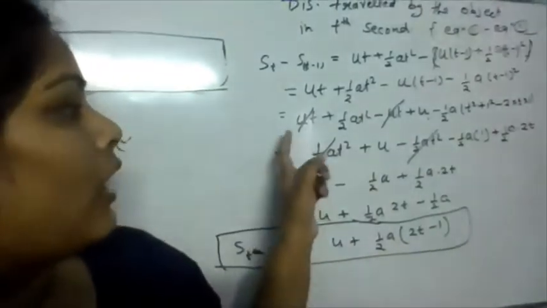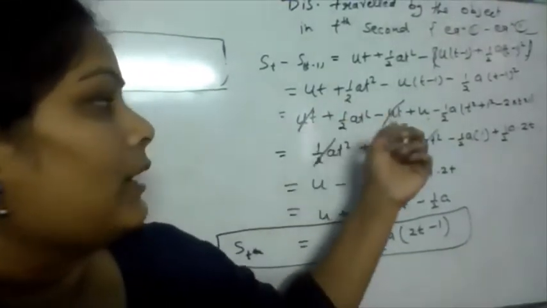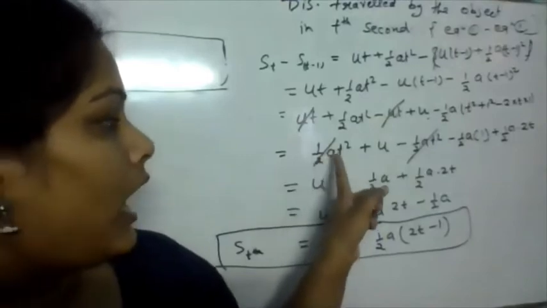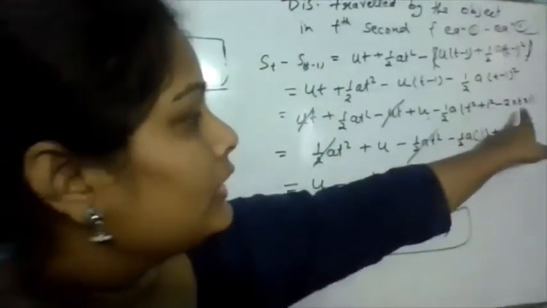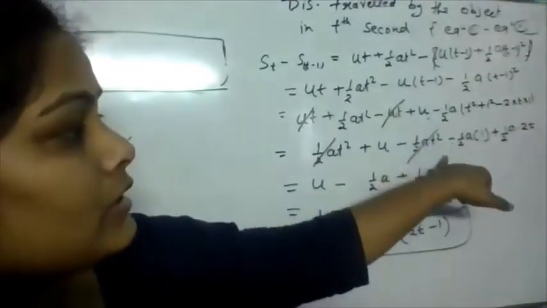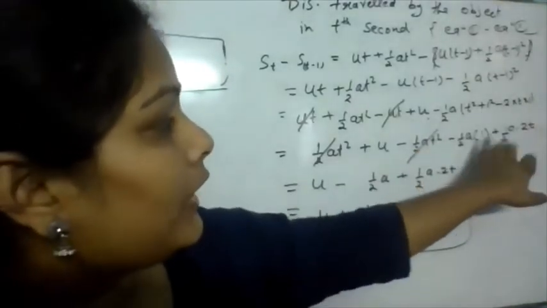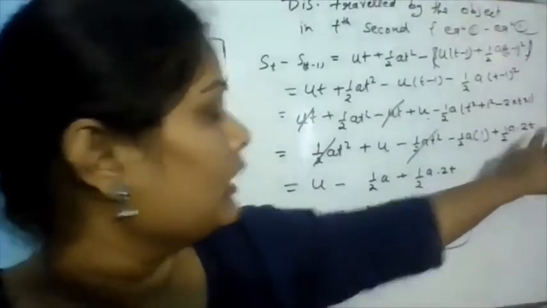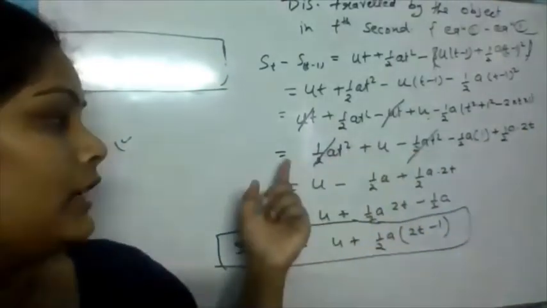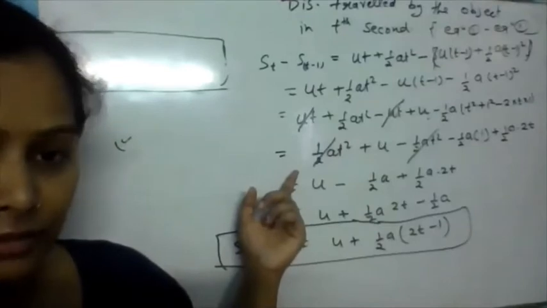Okay, now you can cancel this ut and minus ut. Now here half at square plus u, multiply this half in this bracket, so minus half at square minus half a and minus minus plus half a into 2t. Now you can cancel minus half at square and plus half at square, right?